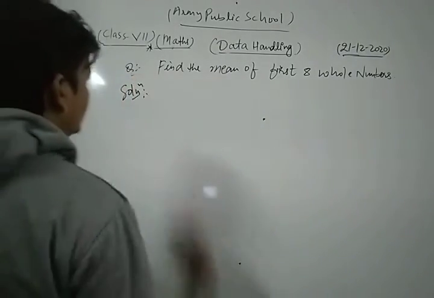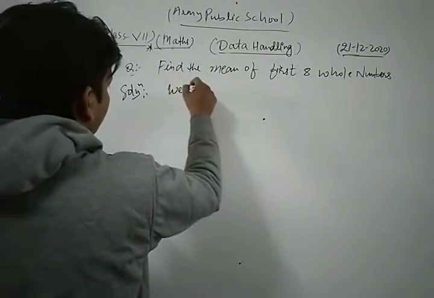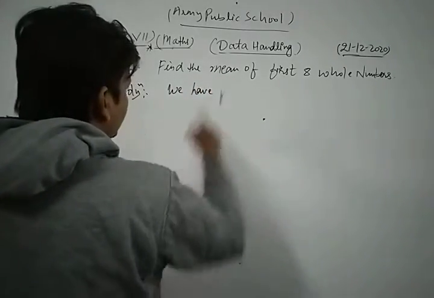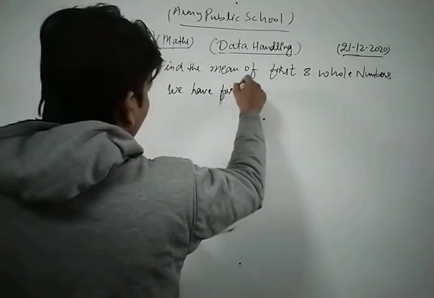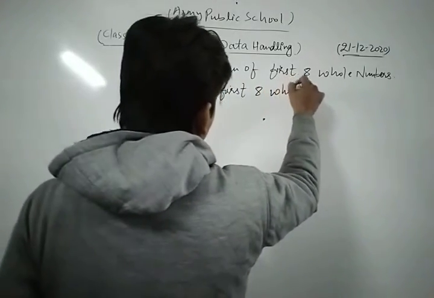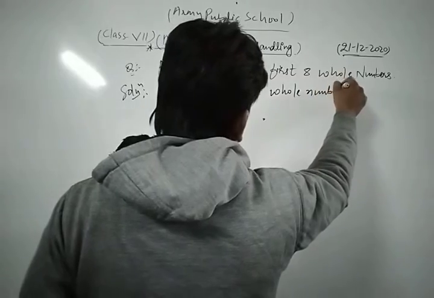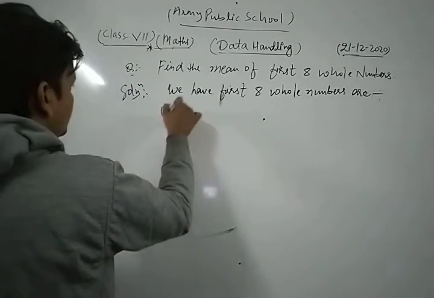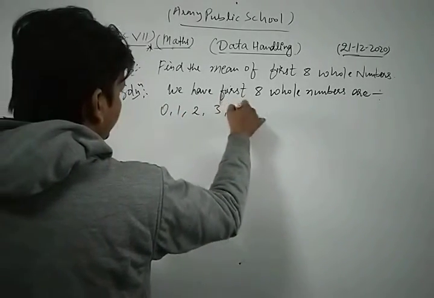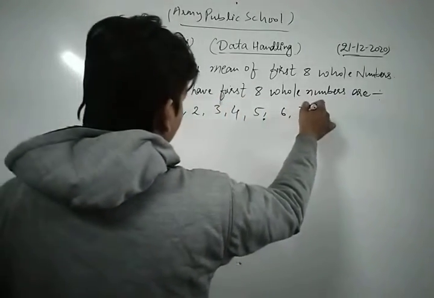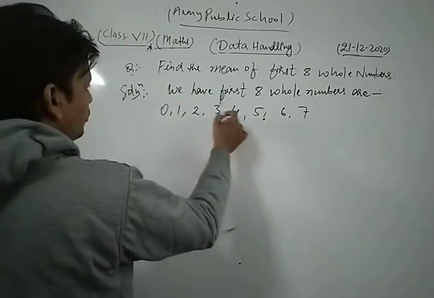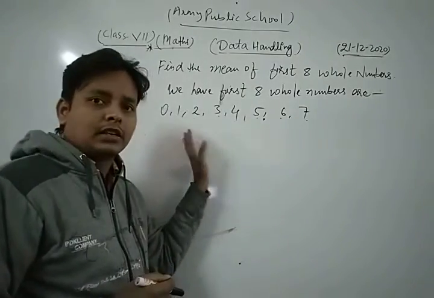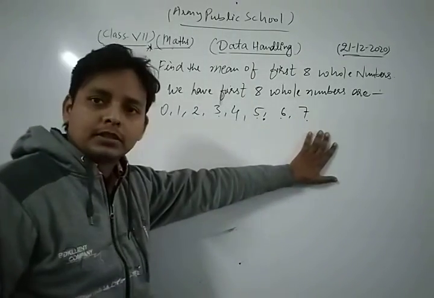We have first 8 whole numbers are 0, 1, 2, 3, 4, 5, 6, 7. Let's count: 1, 2, 3, 4, 5, 6, 7, 8. Thus we write the set of first 8 whole numbers, which is this.